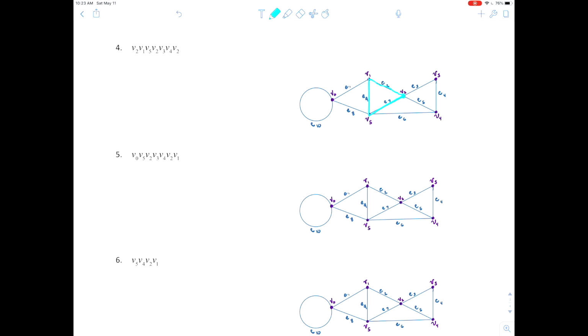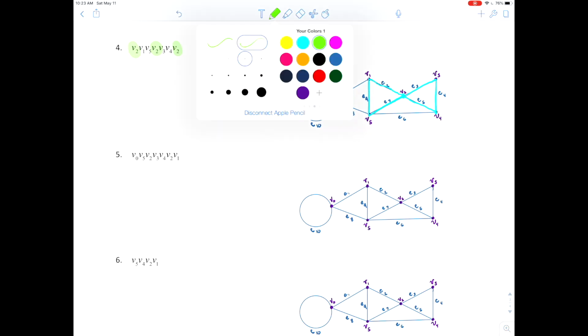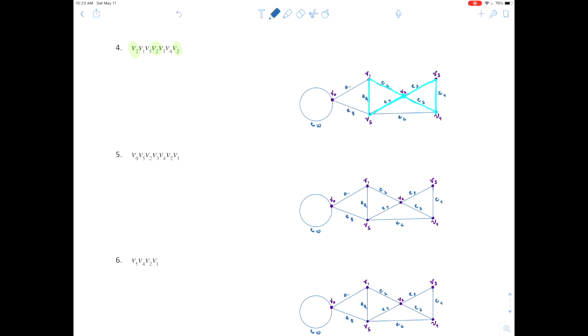That knocks out simple circuit. Then from V2 to V3 takes us here, from V3 to V4 goes down here, and from V4 back to V2. It looks like there are no repeated edges that we came across, but there's a repeated vertex, V2, that is more than just first and last. So this guy is going to be a circuit. Cool?